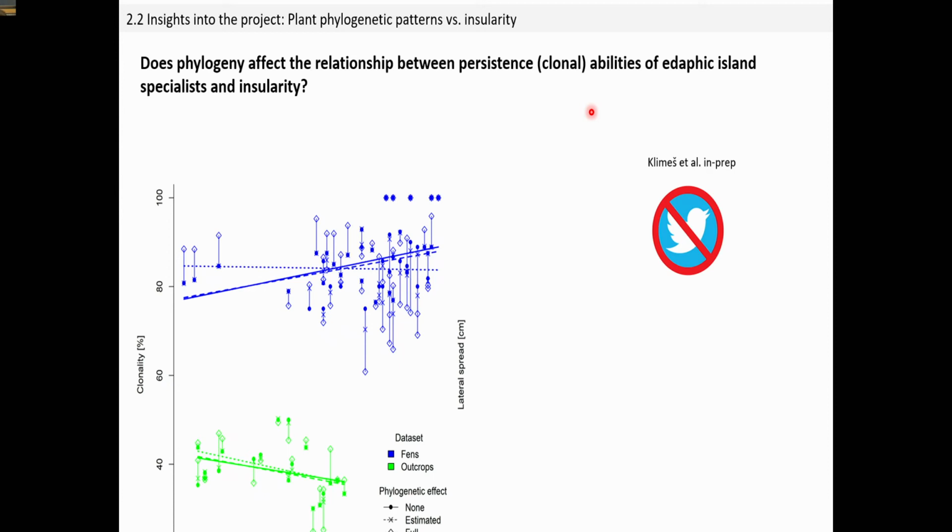The technicality is something Adam did, we can ask him better. But definitely what he's showing is that there is no big effect of phylogeny, so the pattern we observed in Luisa's paper is corroborated also by this phylogenetic approach.